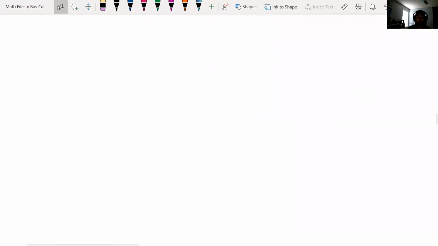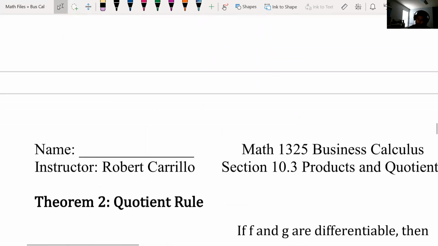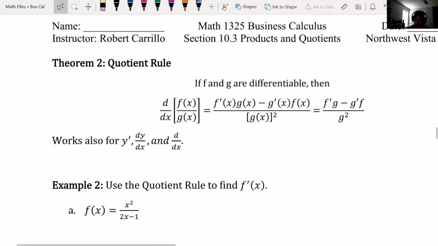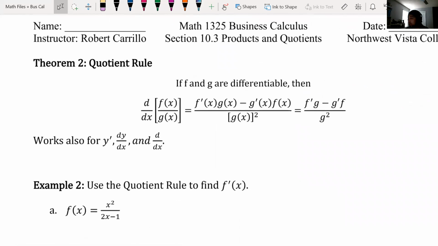Now we move on to quotient rule. If f and g are differentiable, then the derivative of f of x over g of x is the formula f prime of x times g of x minus g prime of x times f of x all over the original denominator g of x squared.